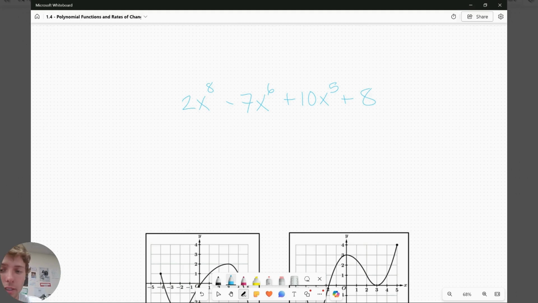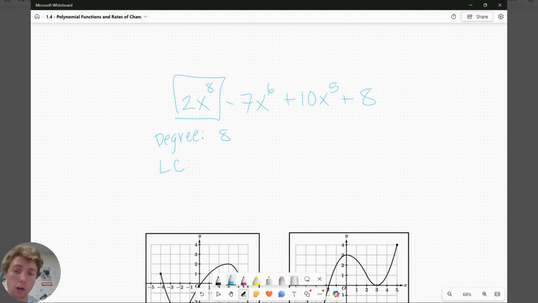One thing we need to understand is degree. The degree of your polynomial is simply the largest exponent. The largest exponent in this case is from this term, where the exponent, or the degree, is 8. Your leading coefficient, which you might abbreviate as LC, is the number in front of that term.